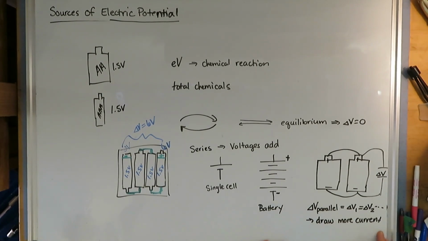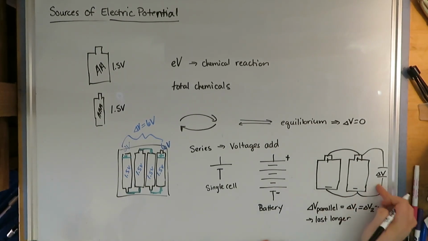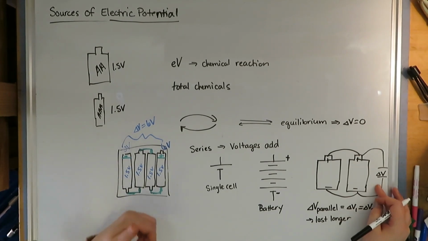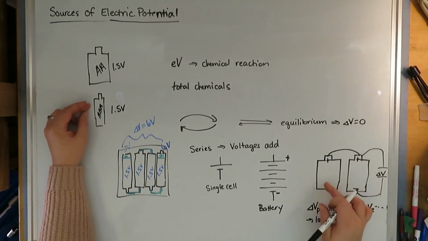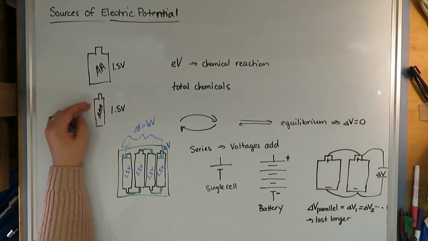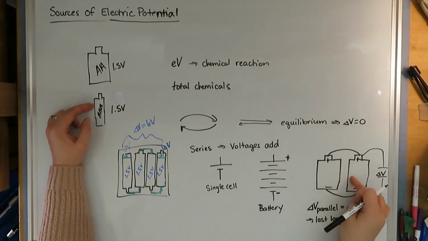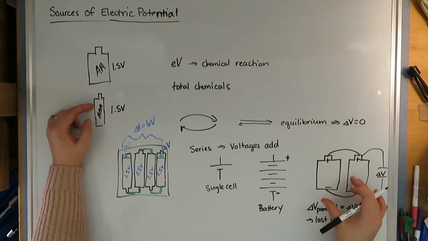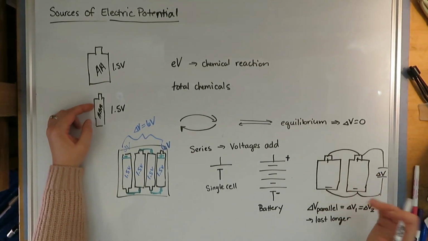Or if you don't want to draw more current, these batteries will last longer. Because if I want to draw the same amount of current as I would with just a single cell, then this is effectively reducing the amount of battery drain on each. So each is having to pull a little less of the load so that your battery will last longer. So either your battery can last longer or you can supply a higher current.